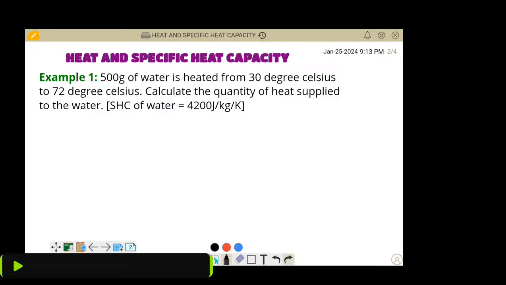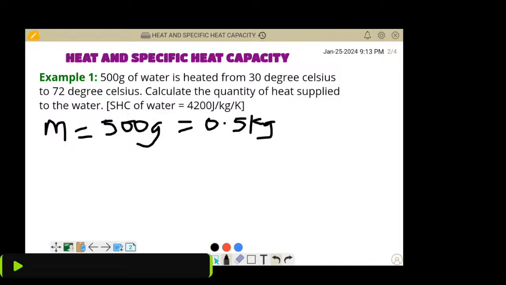Let's quickly bring out the given parameters in this question. The mass of the water the question is talking about is 500 grams. So let's say our mass equals 500 grams, and this is equal to 0.5 kilogram. And in this question, we're told that the temperature of the water is raised from 30 degrees Celsius to 72 degrees Celsius.